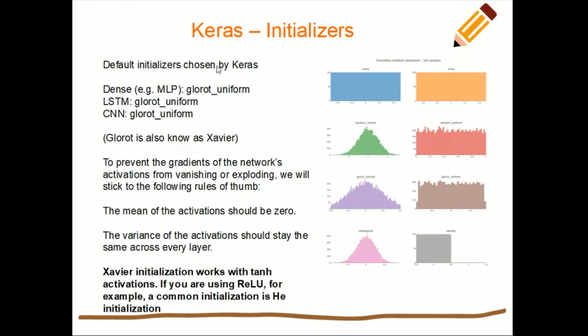Now there is also another factor which is linked to these activations and vanishing gradients, or faster training, which is initializers, so weight initializers. When we begin the training, the weight values have to be initialized to some values, right?